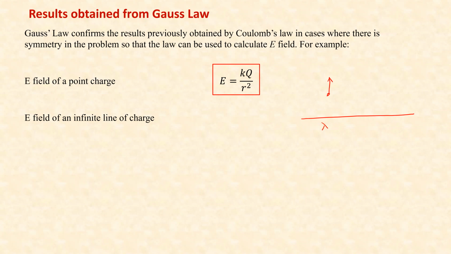We take a Gaussian surface and we apply Gauss law. The Gaussian surface that works here is a cylinder like that, a cylinder that is coaxial with the line, with radius r and length L. And again, because all the area elements are perpendicular to the surface, on the curved part dA and E are in the same direction.